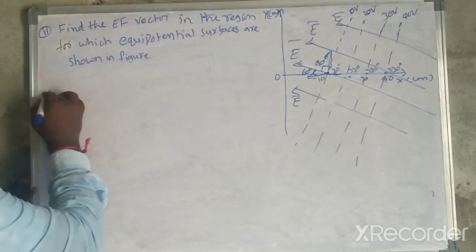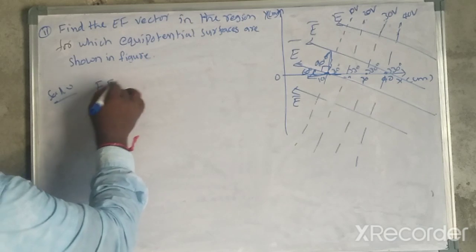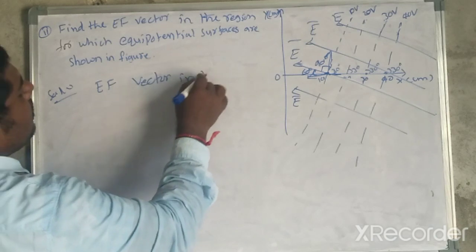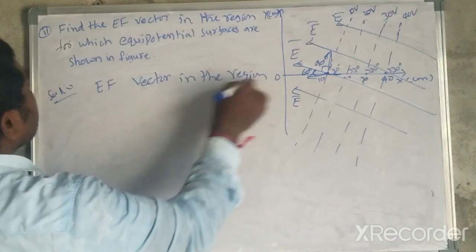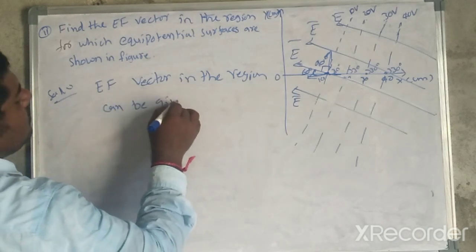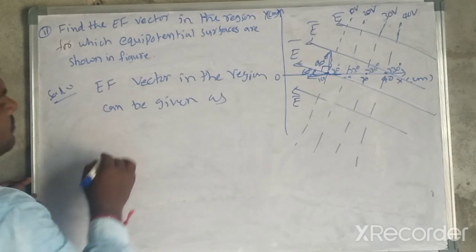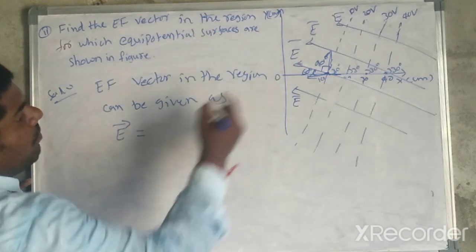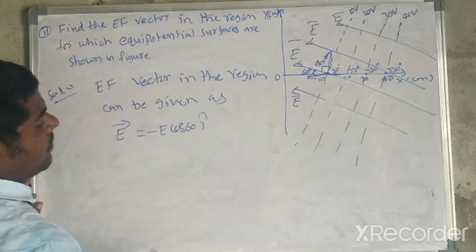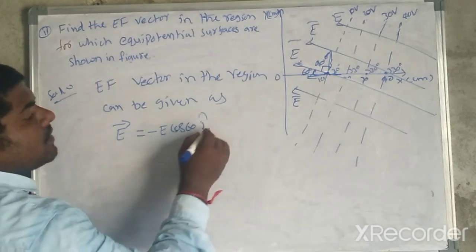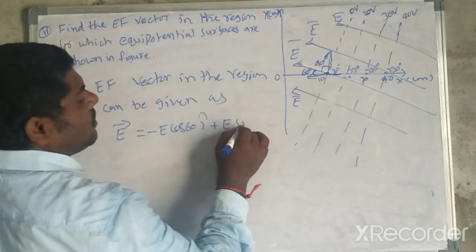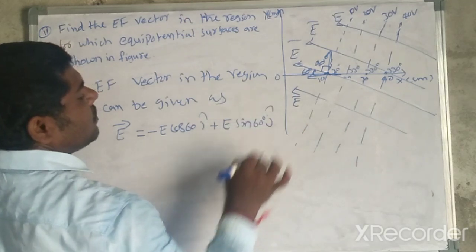Already we know the electric field vector in the region can be given as E bar equals the resolved components: minus E cos 60 along i cap, the negative x direction, plus E sin 60 along the positive j direction.